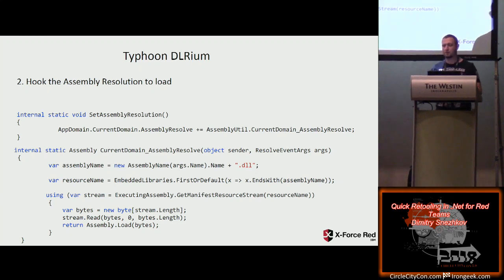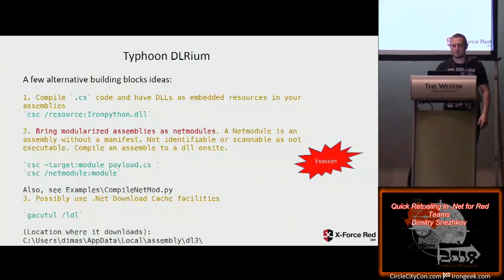Don't look on the file system, don't look on the network, go look in my resources. So I load IronPython DLL from my resources within the executable, which is really powerful, right? Because if defense is looking for a specific IronPython DLL, they will not find it because it's going to be inside of typhoon.exe, and as long as you don't have whitelisting for typhoon.exe, then you should be good.